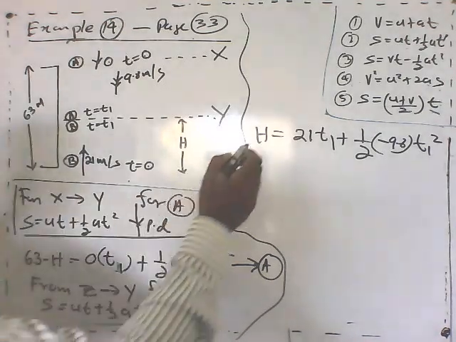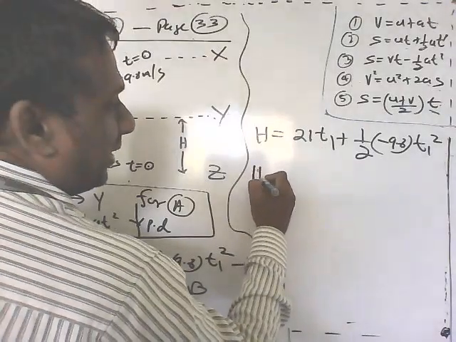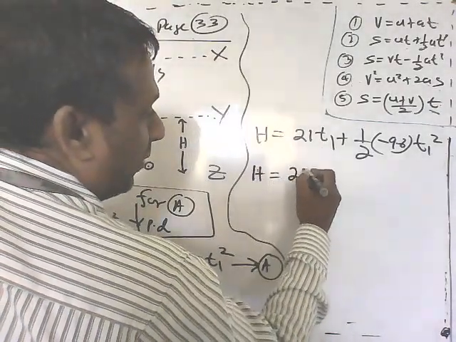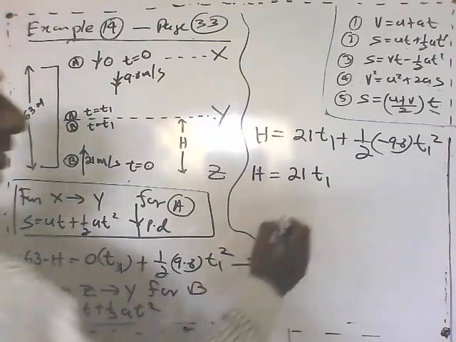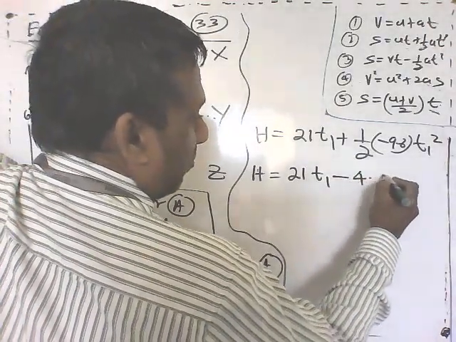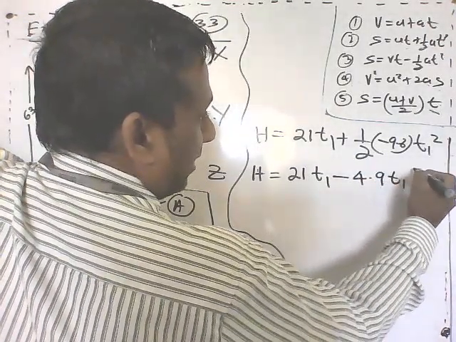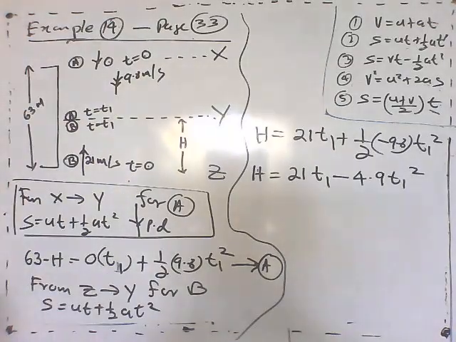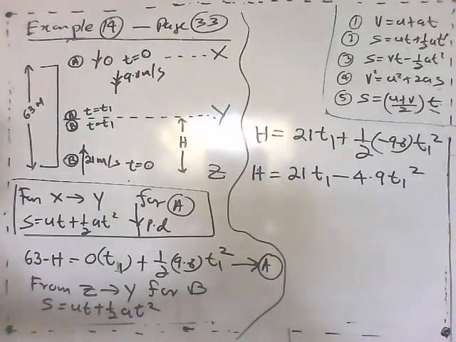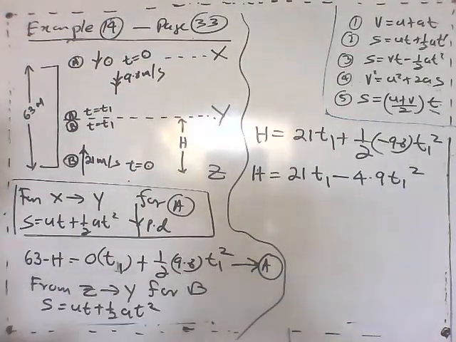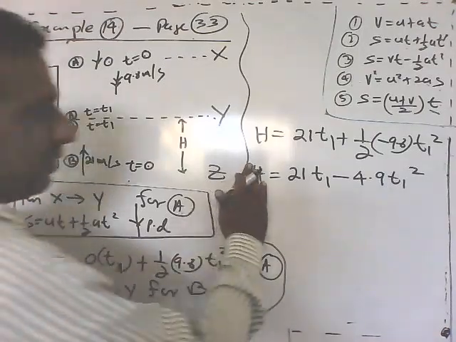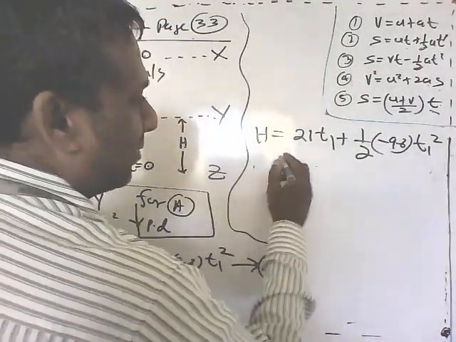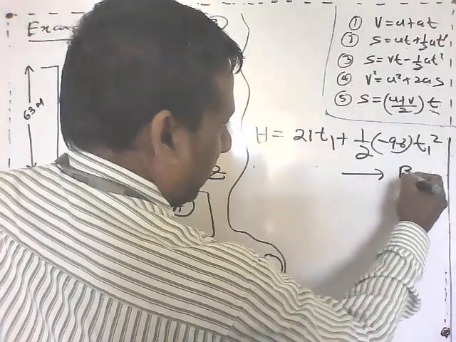If we simplify a little, h equals 21 t1 minus 4.9 t1 squared. It is better we leave it as it is. We will make this capital B.